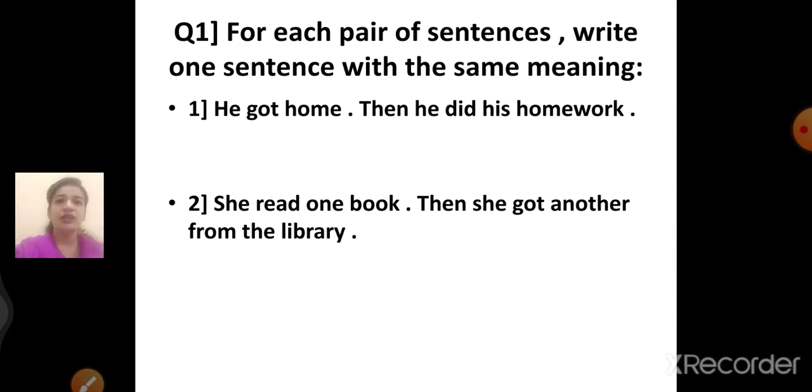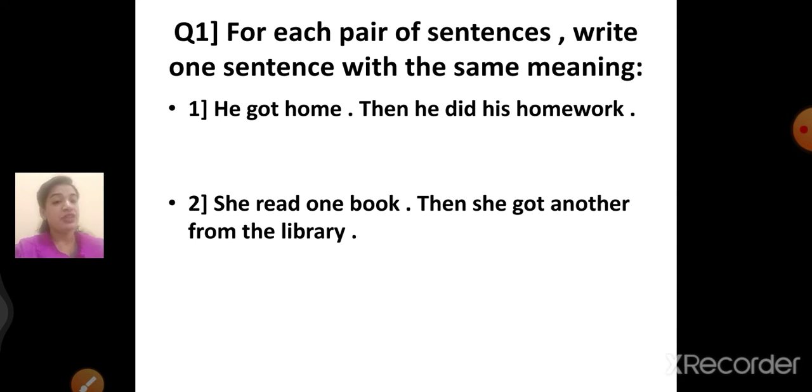See the question. He got home, then he did his homework. Now children, "then" is used in a series of actions. If we start the answer with after, after describes what happens first and what happens next.